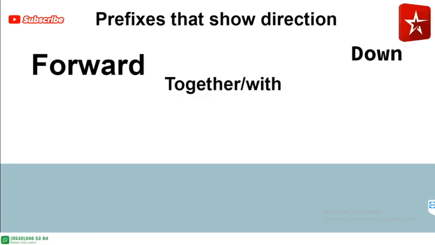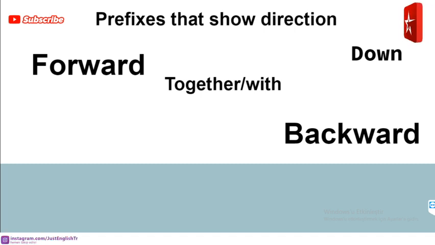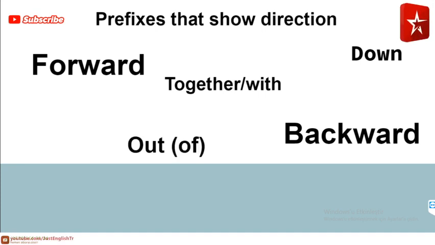Maybe that prefix is also showing that two things are working together or working with each other. Some prefixes are used to show that an action is going backward. Some show that an action or a particular action is going out of somewhere, such as out of a country.